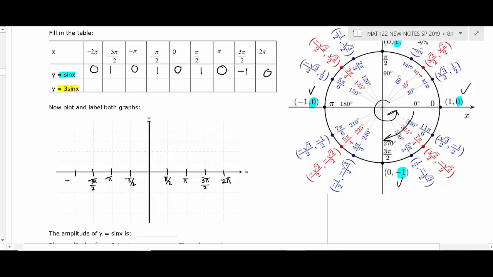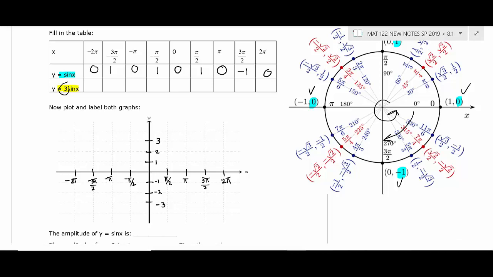And always label in radians. Then let's do the y-axis like this. I'm going to make each mark 1, and I'm going to go up to 3 because of that amplitude, and then go down to -3. So you want to get everything set up.